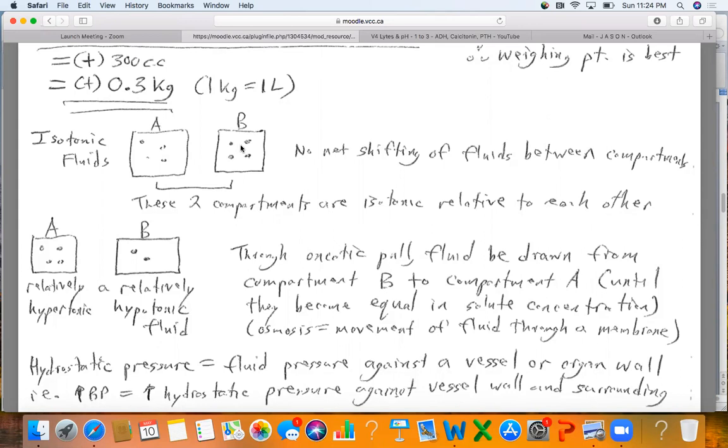However, why might we expect fluid to move from the blood vessels into the tissues if it was overloaded with isotonic fluid? What concept that we just talked about in the last video would cause this isotonic fluid to potentially flow into tissues?